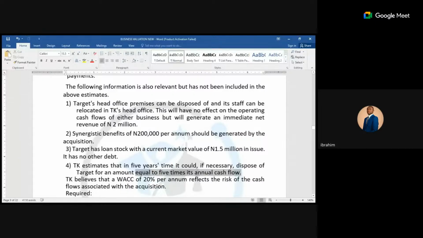TK estimates that in 5 years' time, I will dispose this asset, the target company. When I dispose it, then I will have a cash flow. Is that also a disposal in 5 years' time? So you can estimate this to be 5 years.